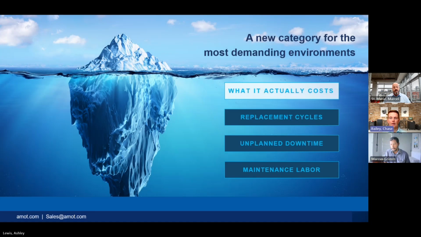Why not? No, and as we've mentioned, we've created essentially our own category of actuator here. And I think it also ties back to why people are choosing automation in the first place. And so when you choose an actuator of this caliber, or this category, if you will, you're essentially eliminating the replacement cycles, which helps reduce that unplanned downtime, reduce labor costs, and then allows for continuous pumping to happen.